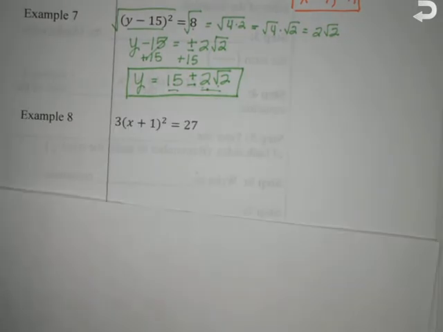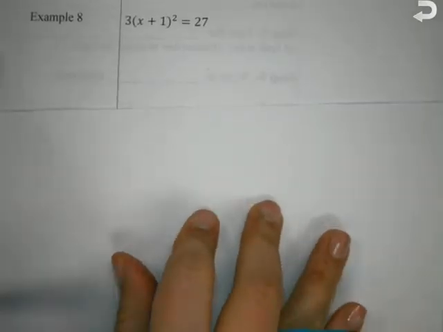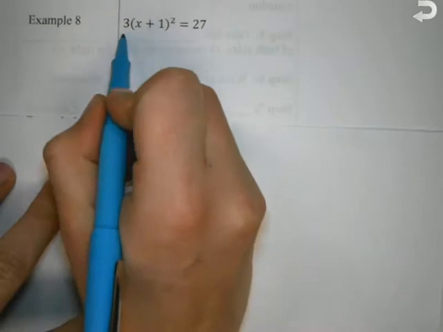Looking at example 8, is the squared term by itself? No. Why? Because of the 3. So I need to get rid of that 3, right? So what do I do? Divide by 3. No, we can't distribute because the x plus 1 is being squared.